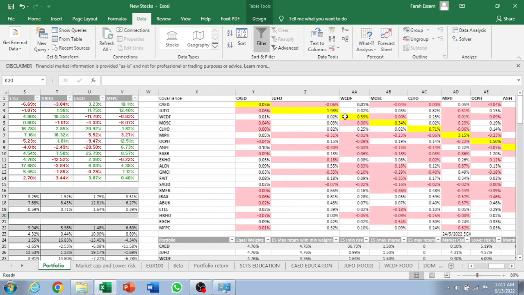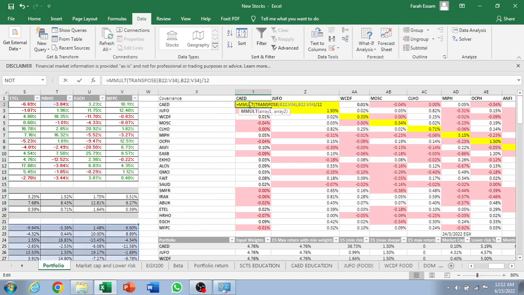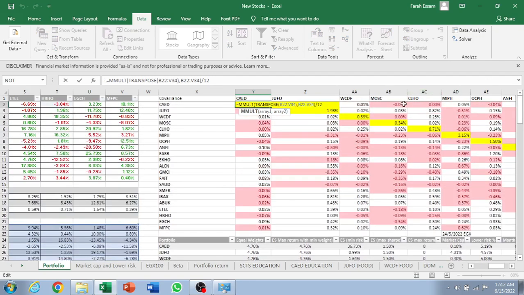In order to get the variance covariance matrix, I first put the tickers for my stocks in order, both vertically and horizontally. And then I started to calculate the covariance by this formula here, MMULT and TRANSPOSE, and I transposed the excess return by itself and then divided by n minus 1.